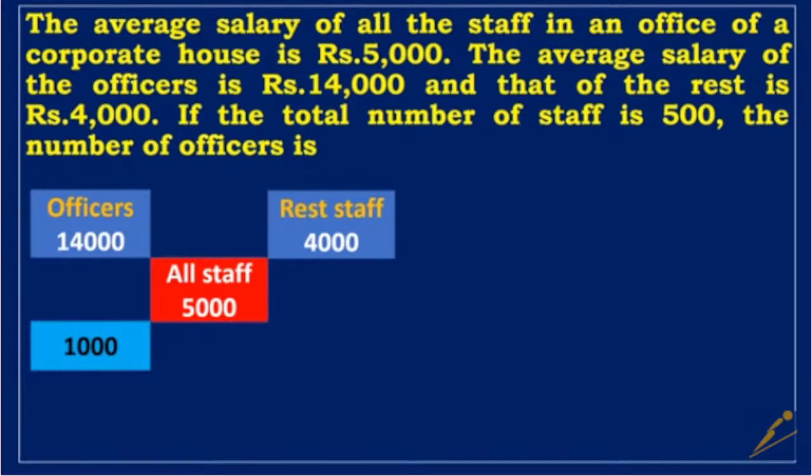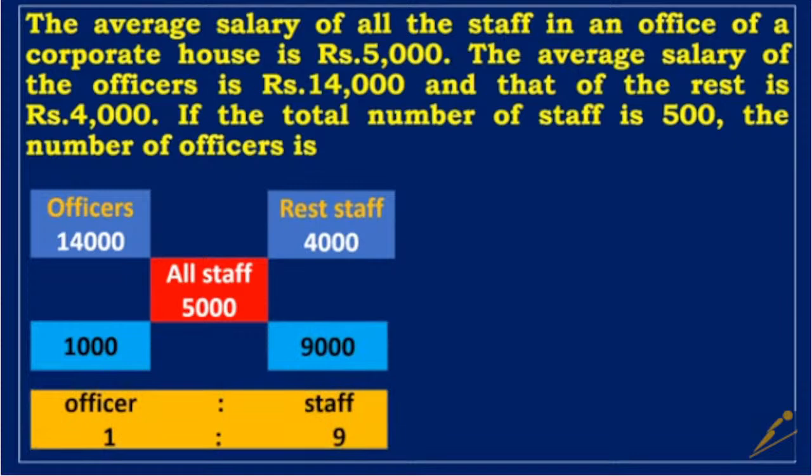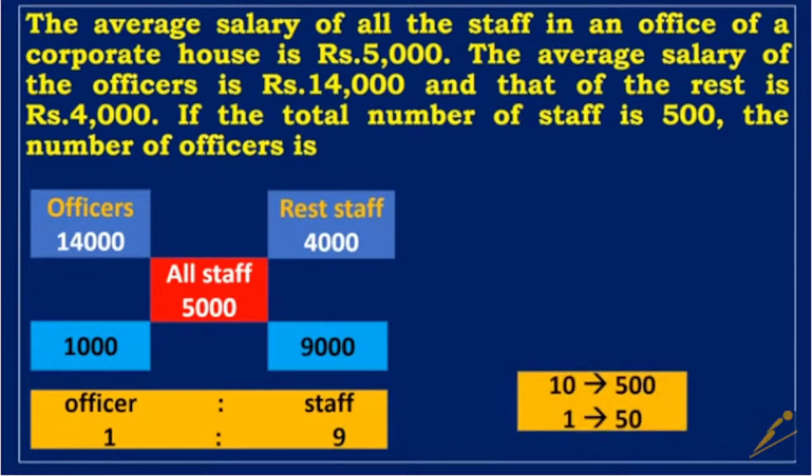Similarly, the difference between 14,000 and 5,000 is 9,000. It means that the ratio of the number of officers to the rest of the staff is 1 to 9. 1 plus 9 equals 10. Total value 10 is 500 staff. Then, 1 value is 50. So, the number of officers is 50, and the number of the rest of the staff is 500 minus 50 equals 450.